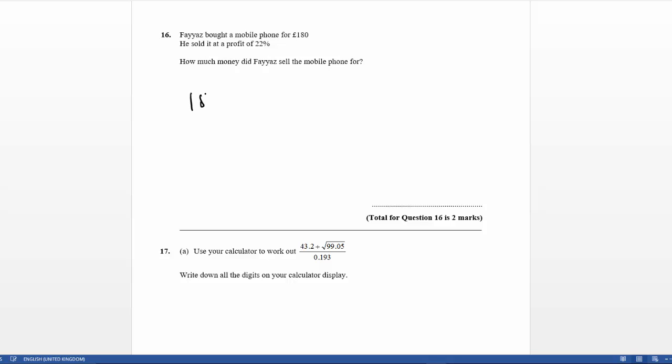I'm going to do 180 on the calculator, press the brackets button, 1.22, close brackets. Make sure you put the multiplication sign there. Let's do that together. 180 times 1.22. He sold it for, let's get our units there, £219.60. Nice easy 2 marks.